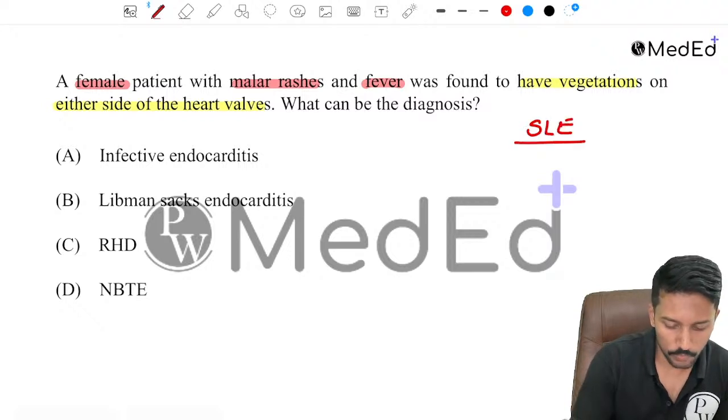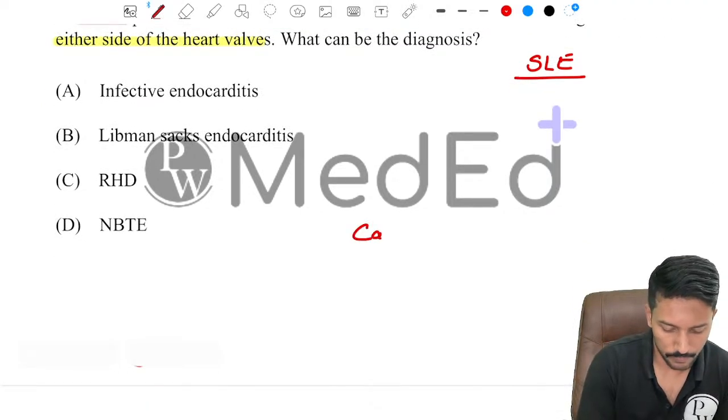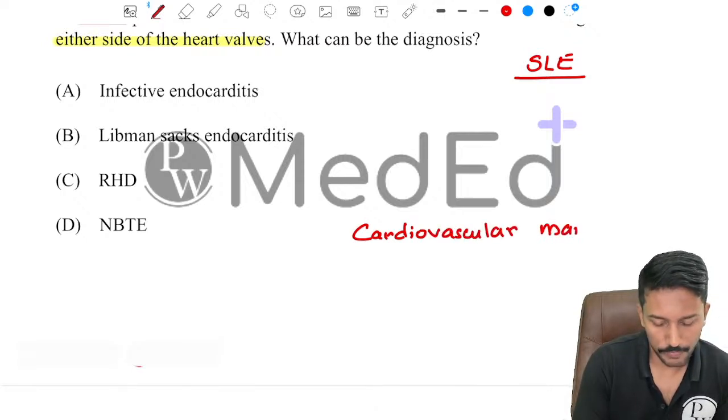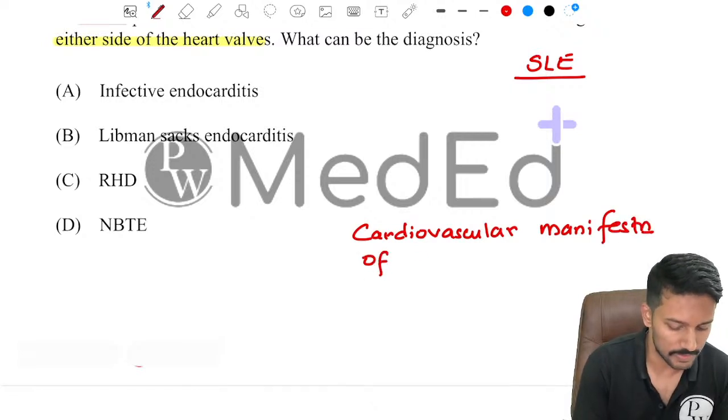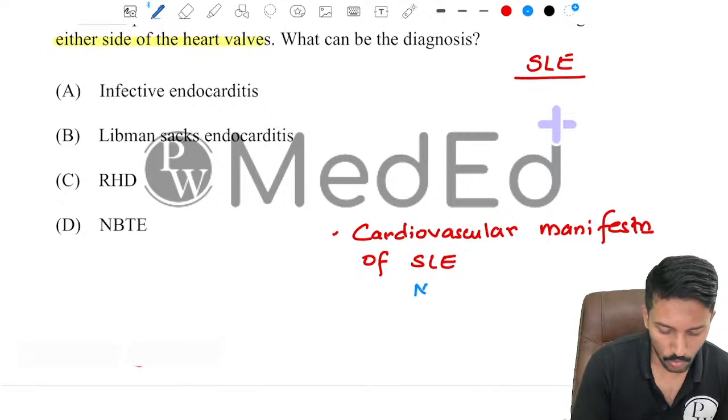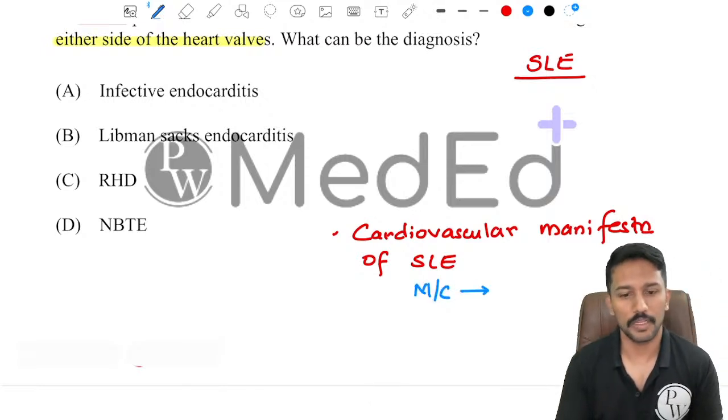Now, what are the cardiovascular manifestations of SLE? What is the most common cardiovascular manifestation of SLE? That is an MCQ. Anybody giving me the answer?